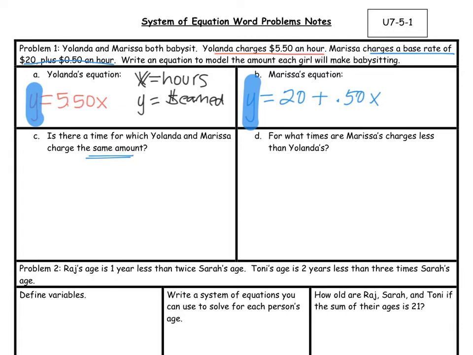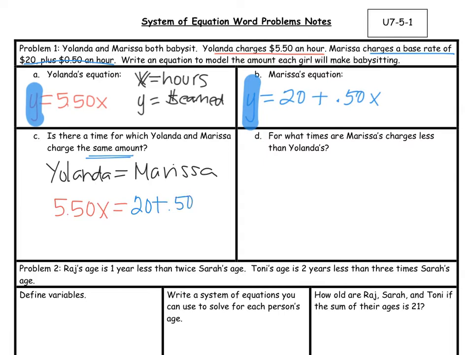So we want to know when Yolanda equals Marissa. Yolanda's equation is $5.50 an hour, and Marissa's equation is $20 plus an additional 50 cents per hour.